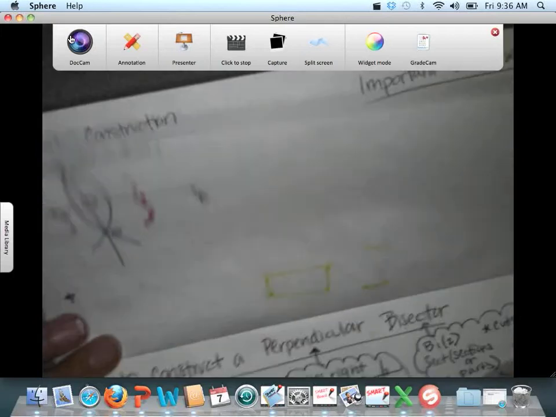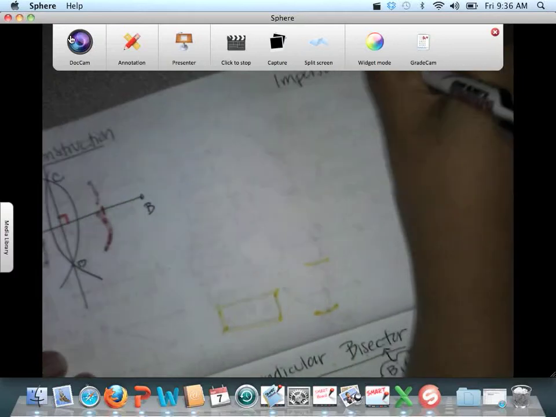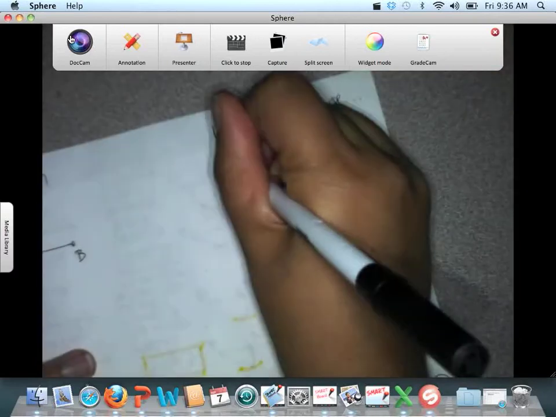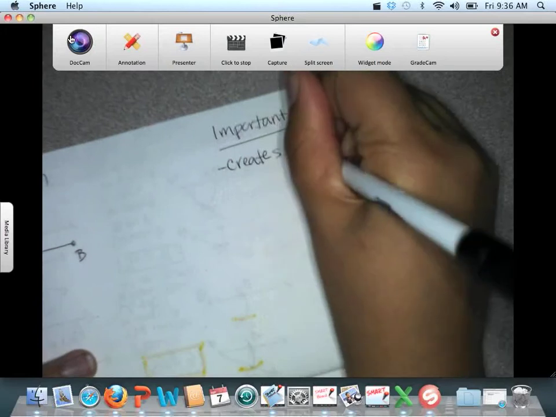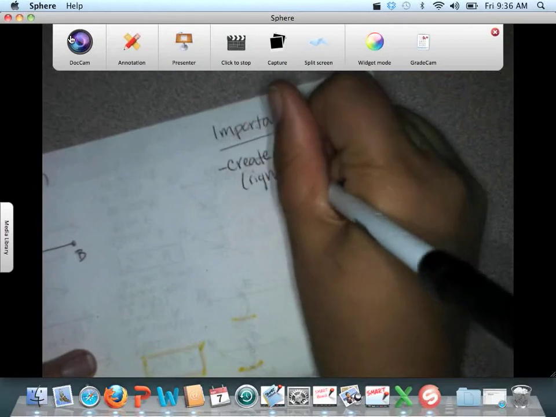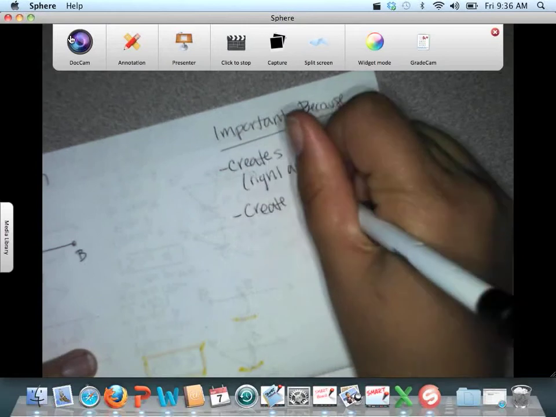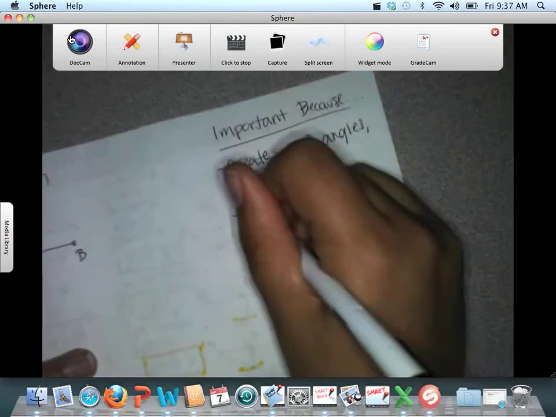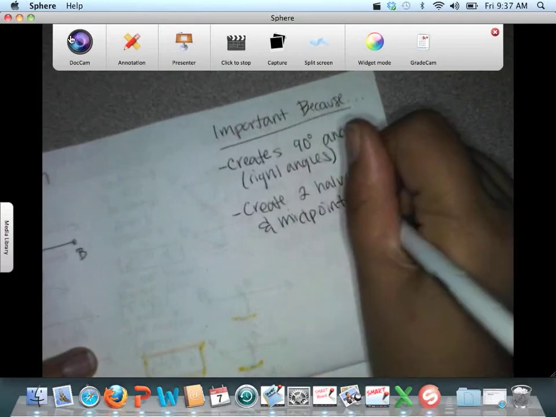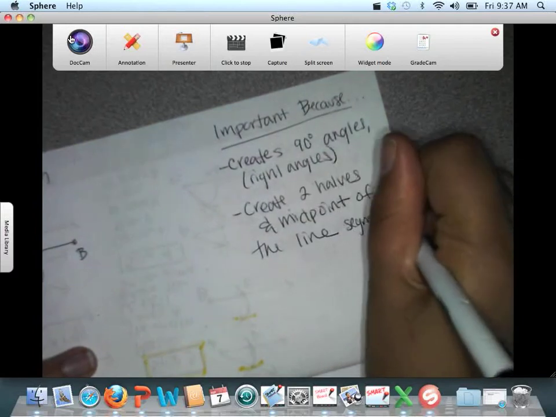Actually, let's put it, it's important because it creates 90-degree angles, right angles, creates 2 halves, and the midpoint of the line segment.